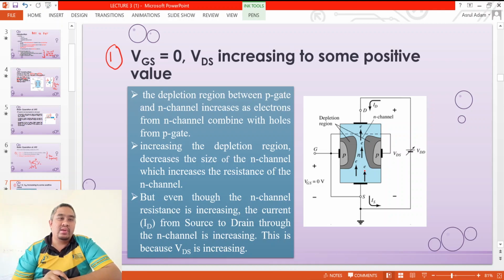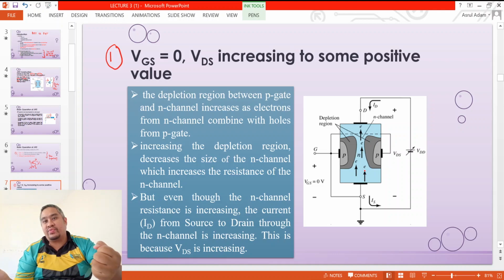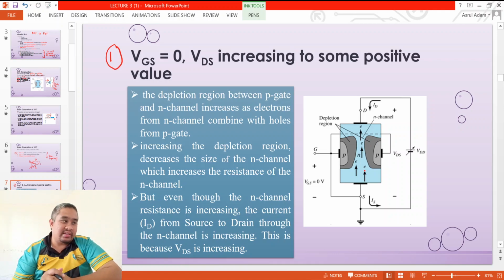This means when VGS equals 0 and VDS increases to some positive value, the depletion region between the P gate and N channel increases in size, and the size of the N channel decreases, resulting in increased resistance of the N channel.